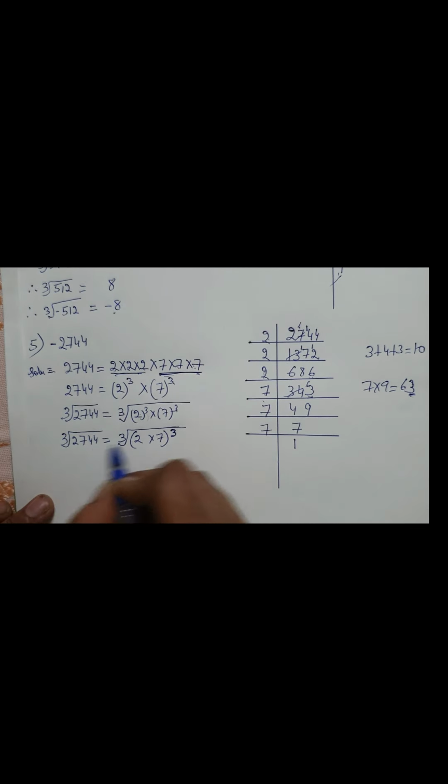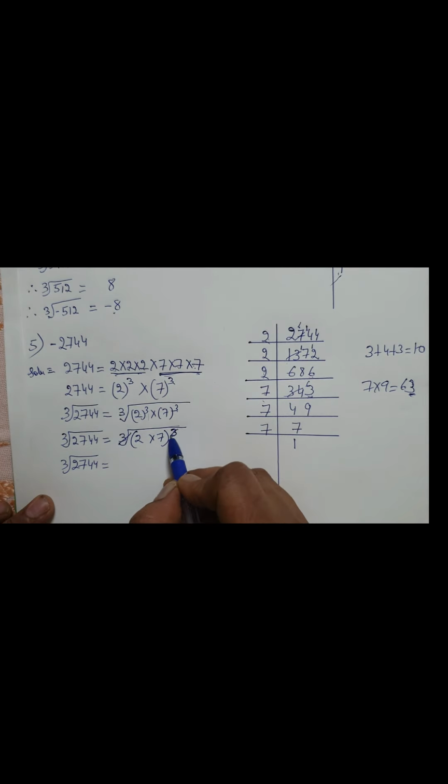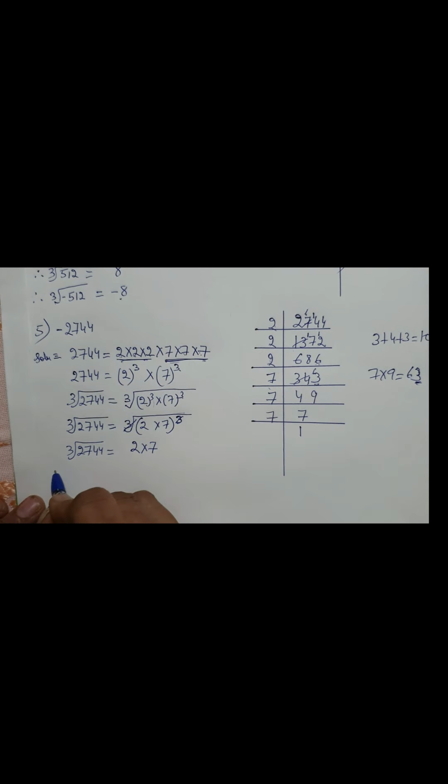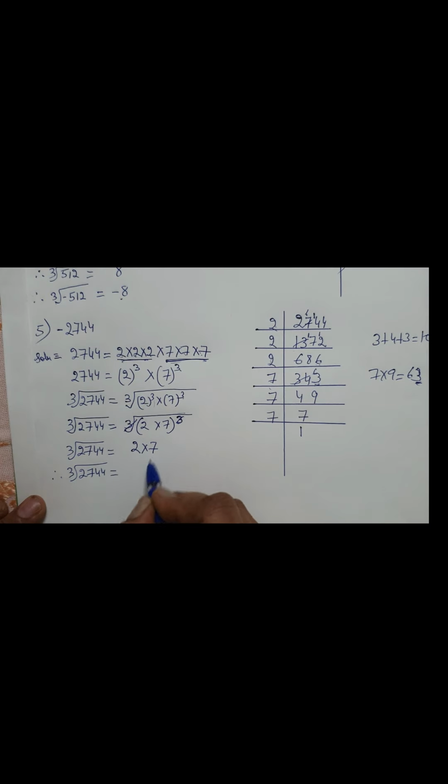Now the cube root of 2744 is equal to, this cube root with this cube will get cancelled. So you have to remove it from the bracket. So 2 multiplied by 7. Therefore, the cube root of 2744 is equal to 7 2s is what? 14.